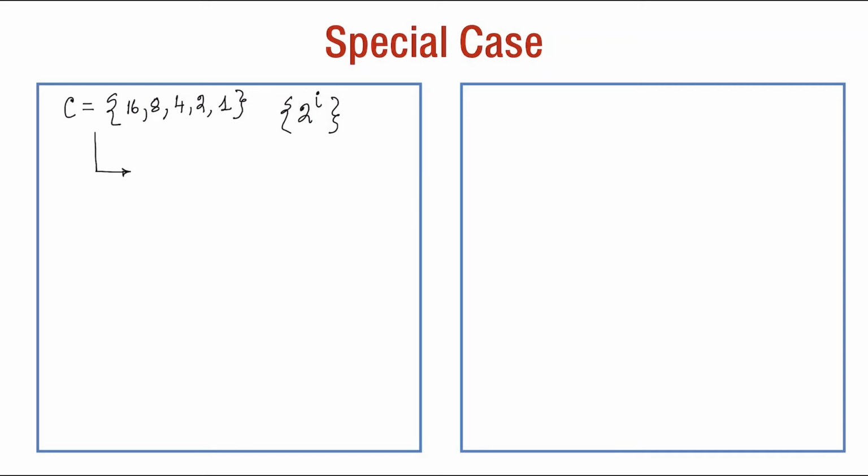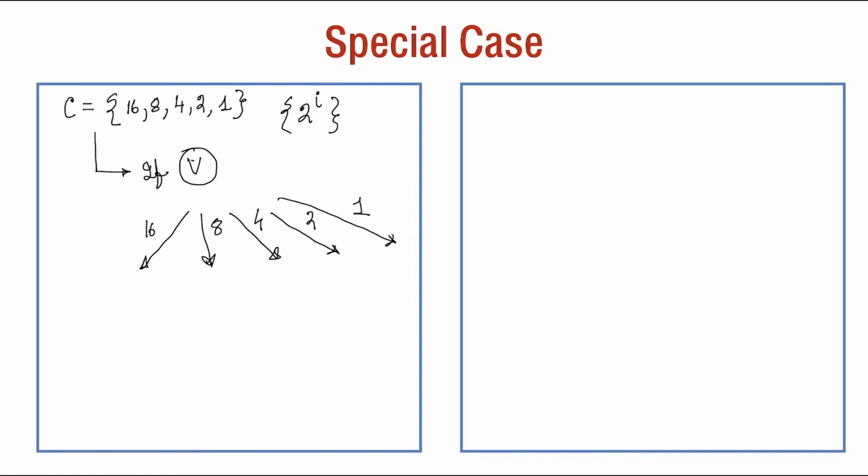you can check that given the value of V, I will choose the largest one first, the largest one that is less than or equal to the value of V. Among the options that I had here, I could have chosen 16, 8, 4, 2, 1.